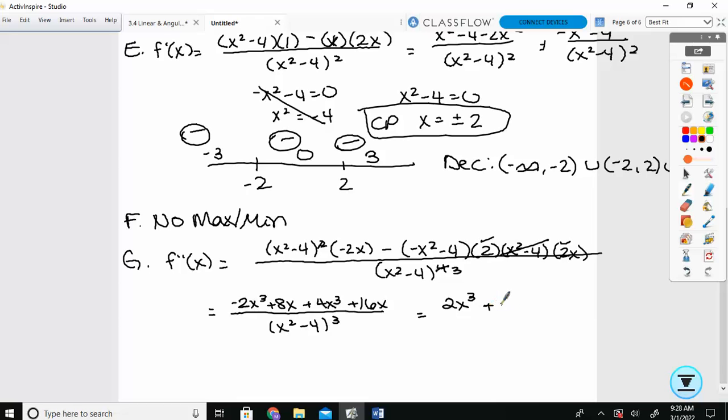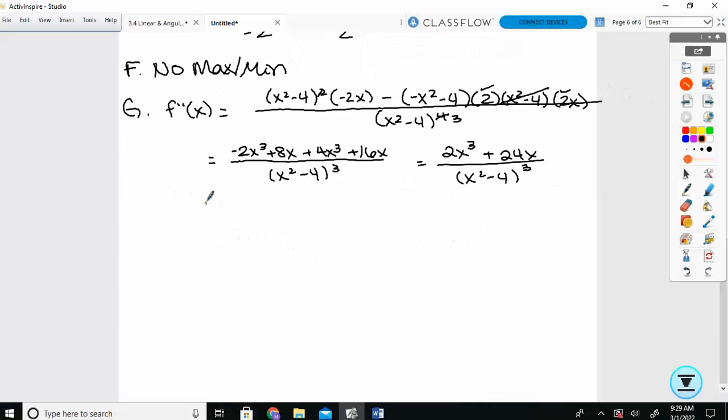So we get 2x cubed plus 24x, over x squared minus 4 cubed. So my inflection points, we have to find out anywhere this is 0 or undefined. So if we set this equal to 0, what could we pull out here? 2x.